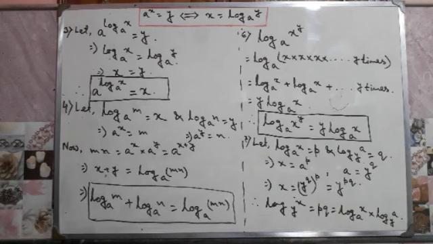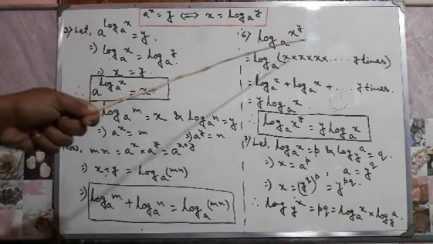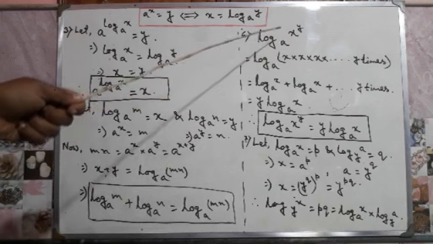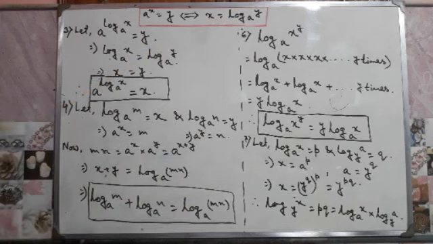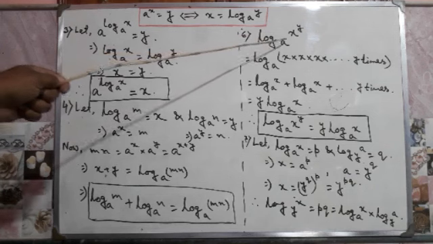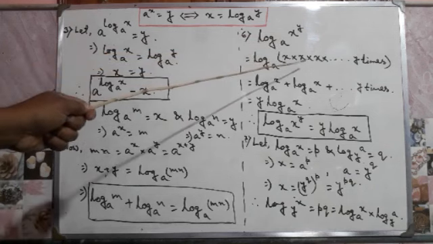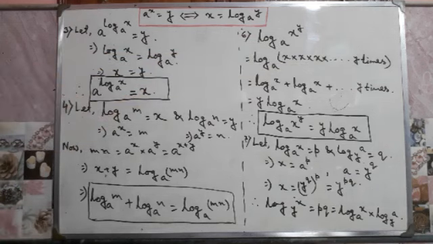Next property, that is log x to the power y to the base a, that is equal to y into log x to the base a. How to prove this one? Now this x to the power y means x into x into x, ultimately y times.